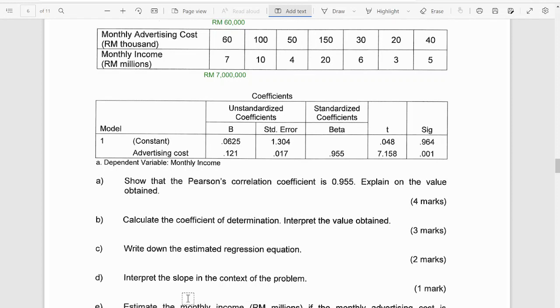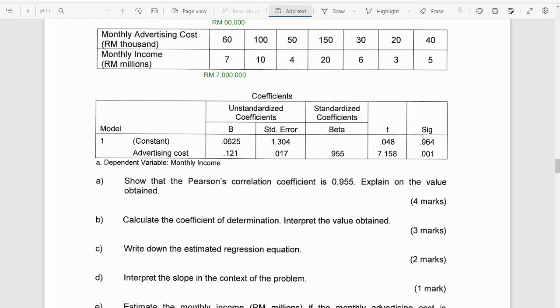Whatever you want to estimate will be the dependent variable Y, and whatever information is given will be the independent variable X. In this case, the given information, 90,000, is for monthly advertising cost. So advertising cost is the independent variable because it is given values. The one that you want to estimate will be the dependent variable.